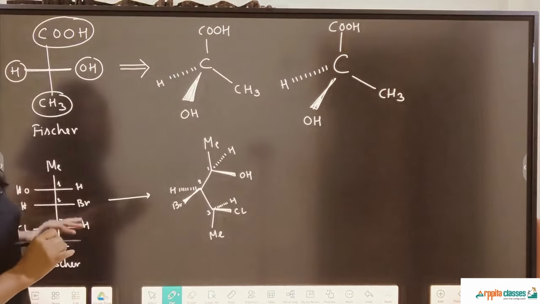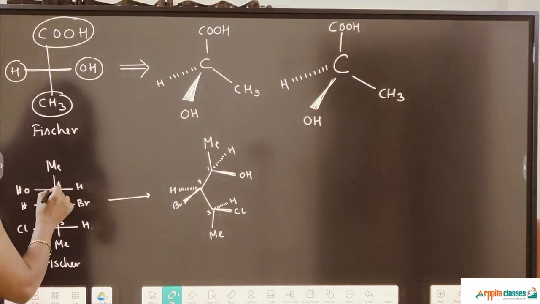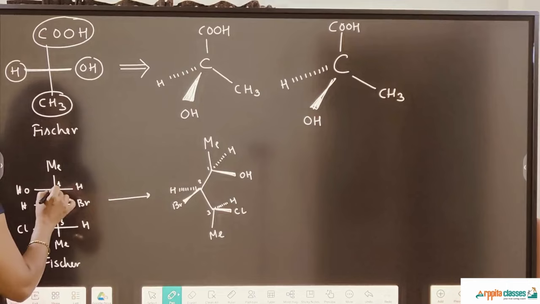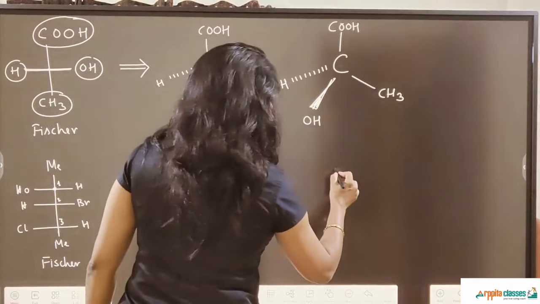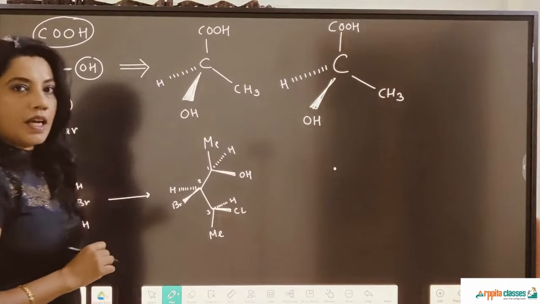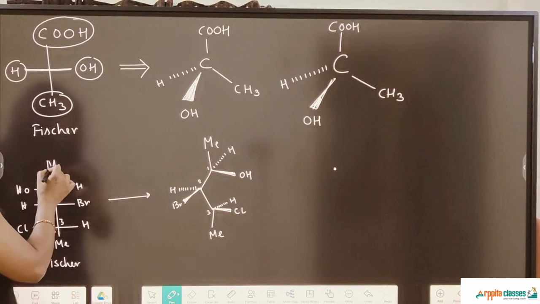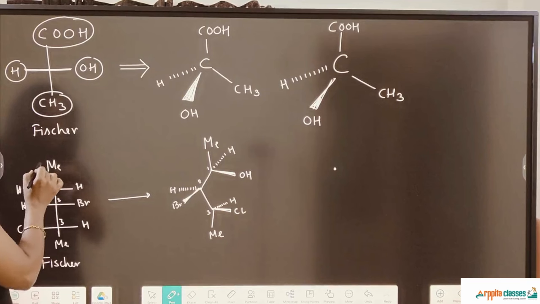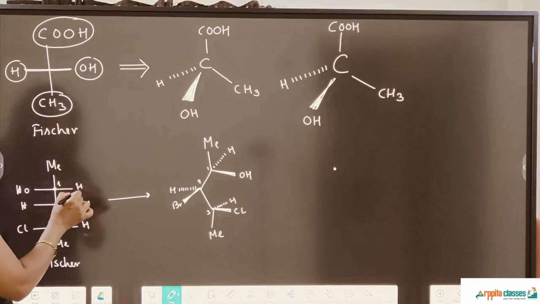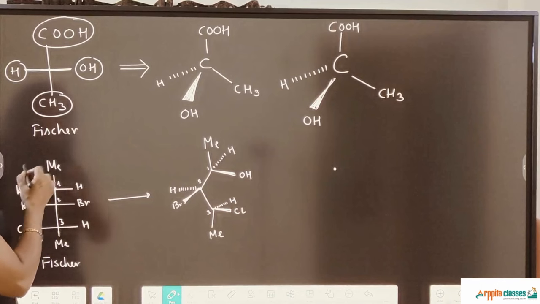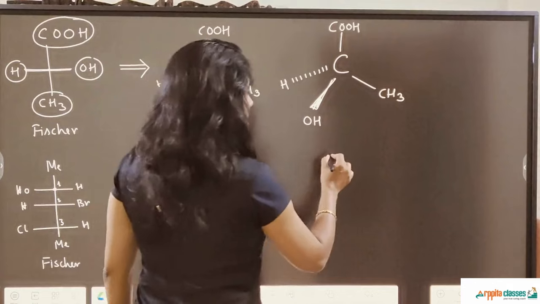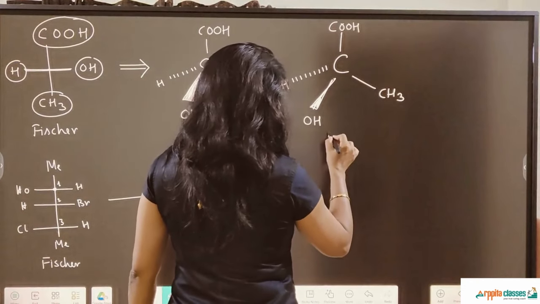We'll take this example. This is carbon number 1, so first I am putting carbon number 1 like this. Now see, this will be on the plane. This is lower molecular mass, so it will be below the plane, and this OH will be above the plane. First, on the plane will be written as a normal line.